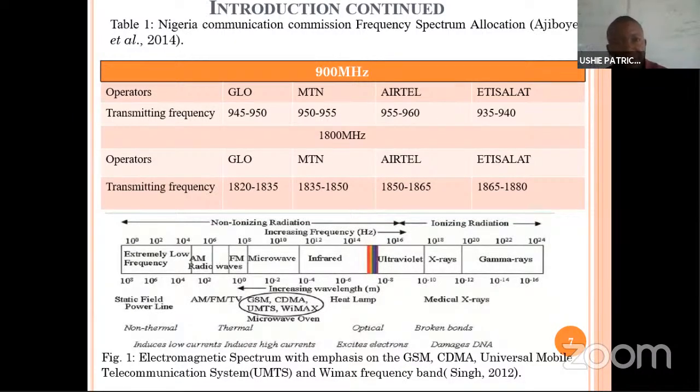Every network within the country has its own bandwidth for GSM 900, GSM 1800 megahertz, and the current one, which is expanding up to 2100 megahertz. They have different bandwidths regulated by NCC. We have the Glo network, the MTN network, the Airtel network, and the Etisalat network. The other minor networks aside, these are the major ones for now in the country.